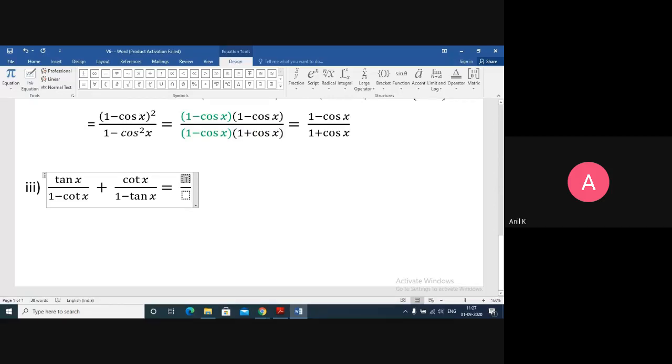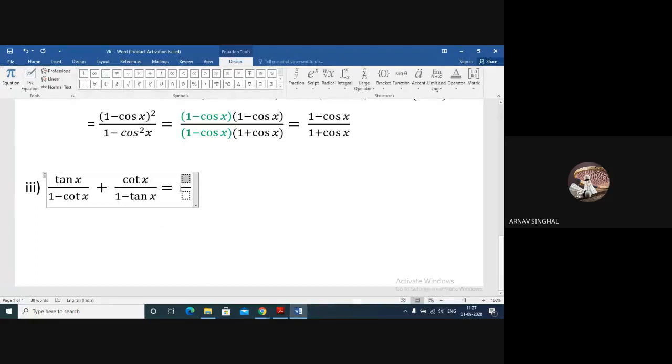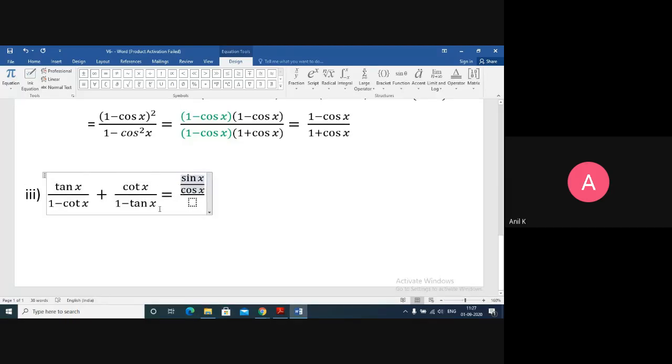Okay, first tan x. What is the relation of tan in terms of sine and cos? Give me the formula. Sin x upon cos x. Yes, sin x upon cos x, that is for tan x. Then 1 minus cot x, where cot x is cos x upon sin x.